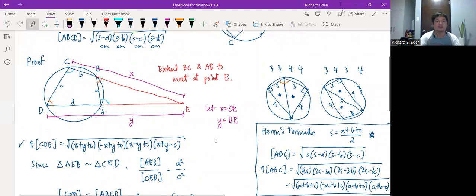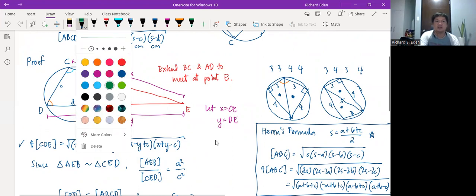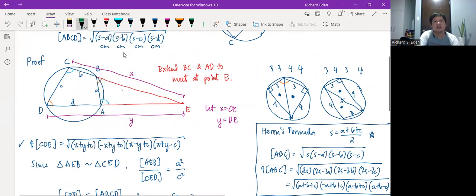So from the figure, let me write it in green. This is X minus B, and then this is Y minus D, right? So we know that there are many identities we can come up with.